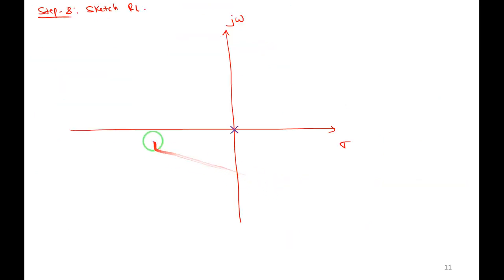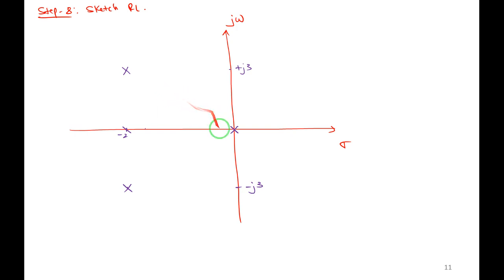Minus 2 plus j3, this is minus 2, and this is plus j3. Minus 2 minus j3, let me take it here. Okay, we have located all the poles.